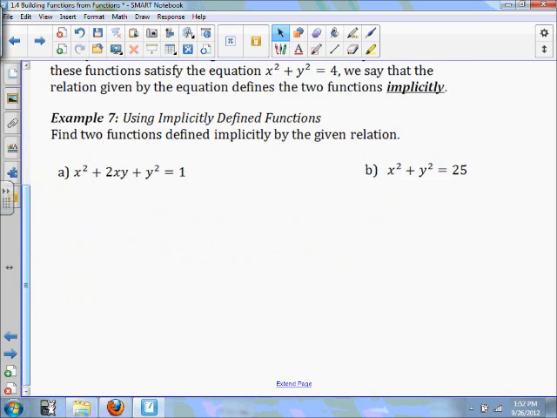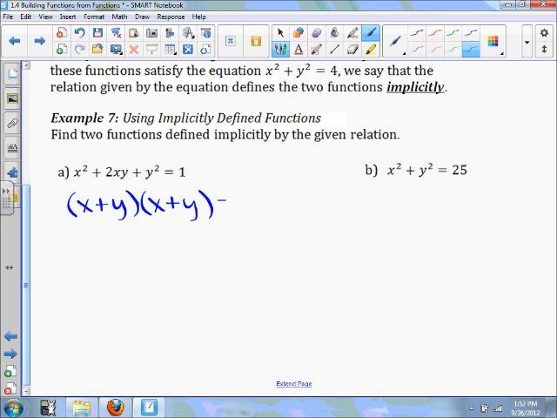So here we go. Let's solve these. Now you might be able to figure out in number 7a that this left side is actually factorable. It is (x plus y) times (x plus y) equals 1. That will simplify to (x plus y) squared equals 1.